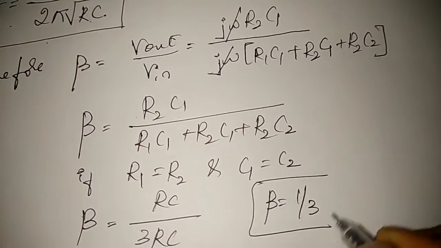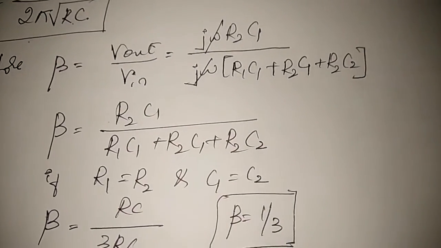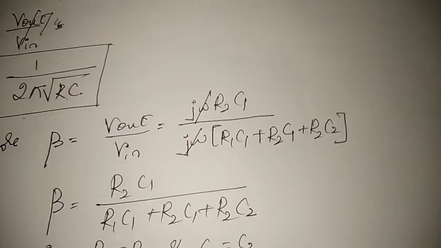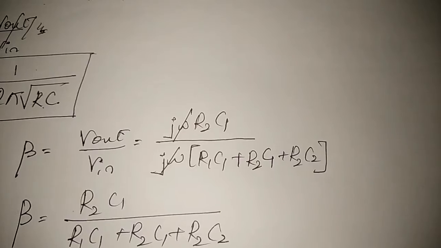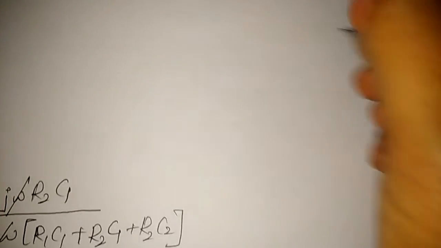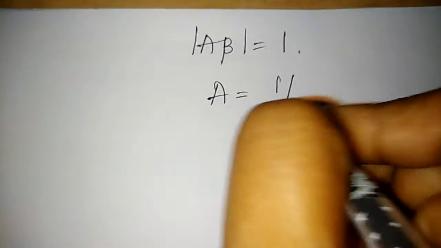So we know that for the Barkhausen criteria, the magnitude of A beta should be equal to 1. So we have A is equal to 1 by beta.